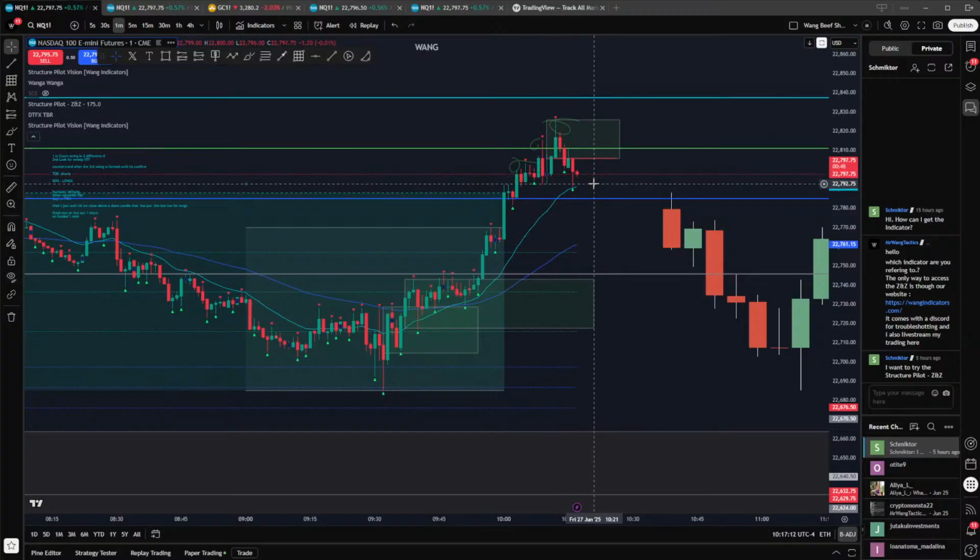Now we need to close below this, and then you can say that price is looking to make some lows. Yeah, so I took an entry in here, right there. Let's see if we can get to target.